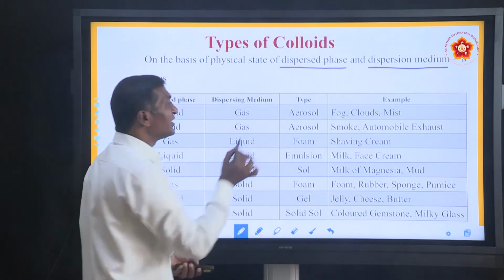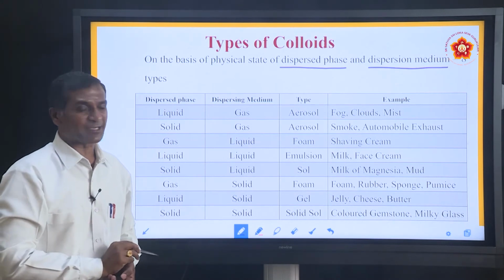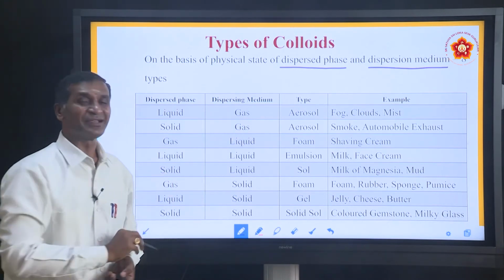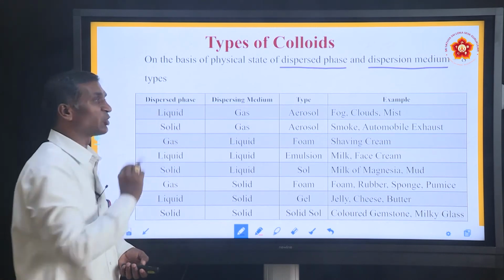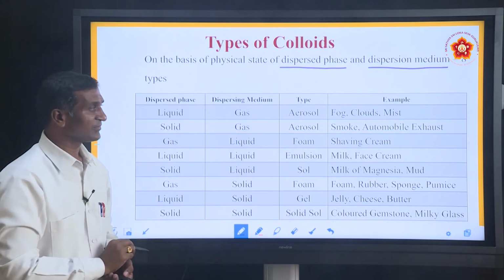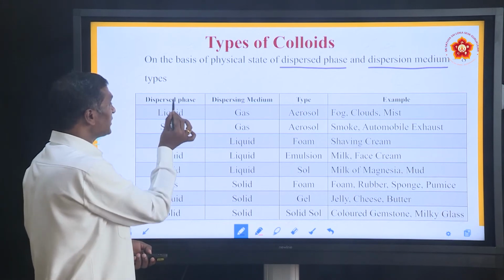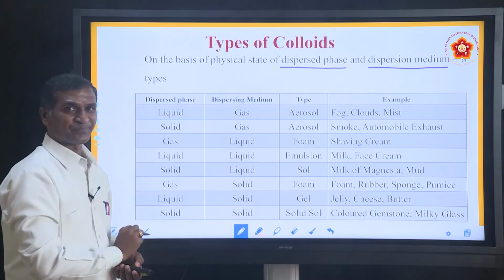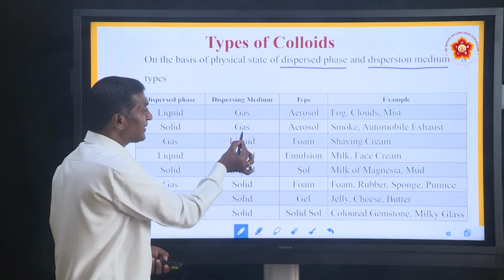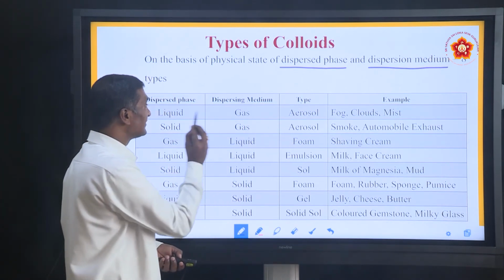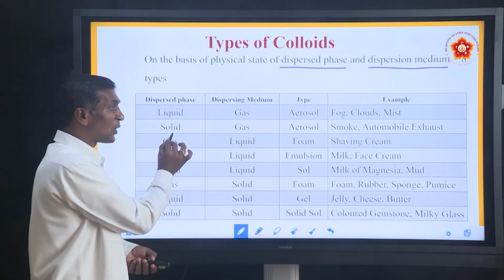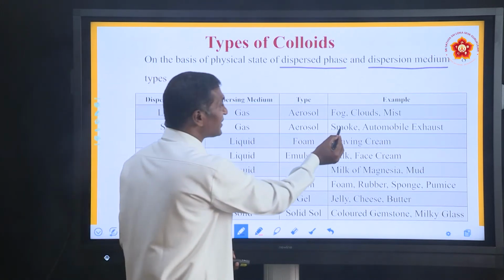In clouds, which is the dispersing medium? We should write gas. In clouds, which is the dispersed phase? It is liquid. If the dispersed phase is solid and the dispersing medium is gas, again it is an aerosol, but here the dispersed phase is solid, and the example is smoke.